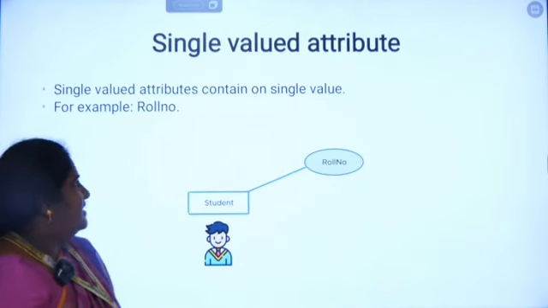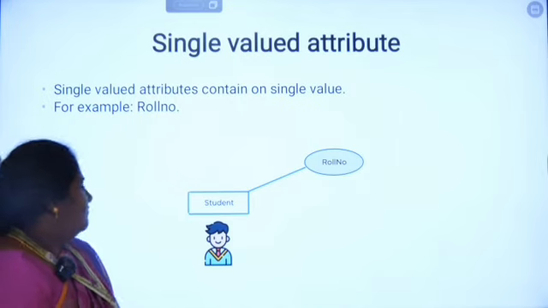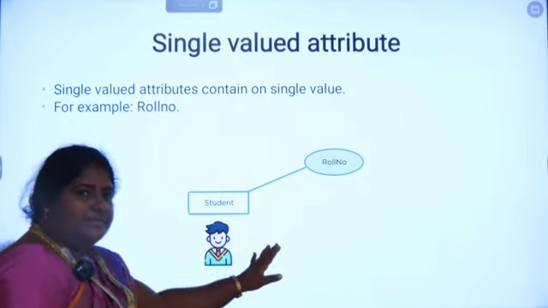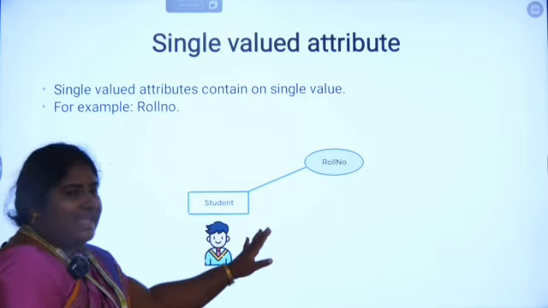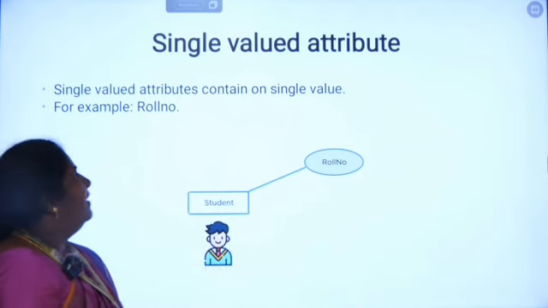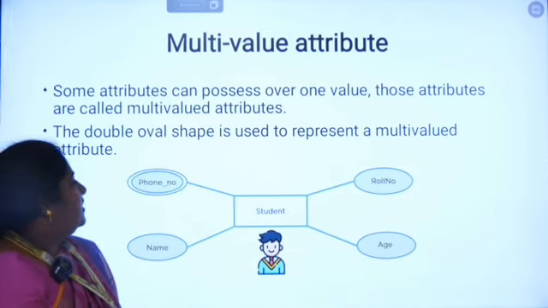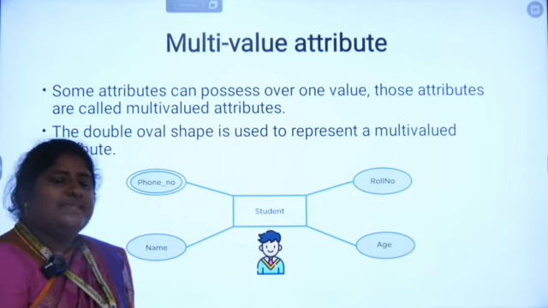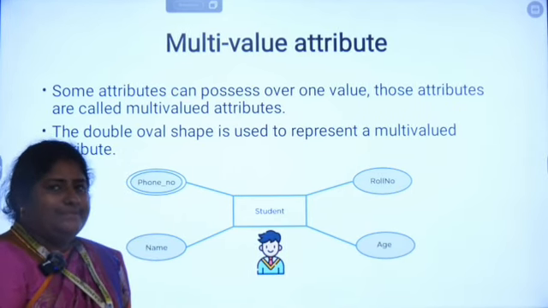Next is called a single valued attribute. If one entity consists of an attribute which cannot be further subdivided, or it can have only one value, that is called a single valued attribute. The next one is a multi-valued attribute. As we know, nowadays everyone is using dual SIM mobiles.